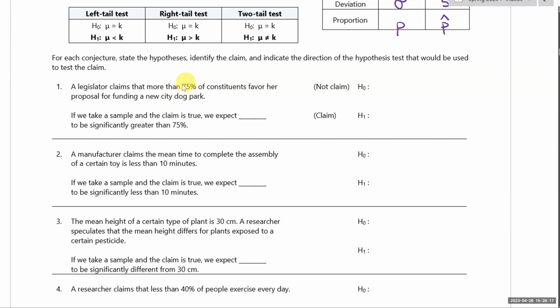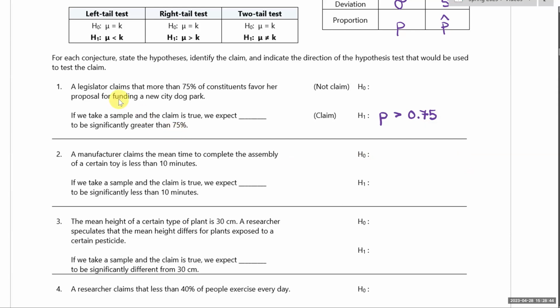So this is representing a proportion, so a percentage, a proportion. So I'm going to do P here. So she says that among all of her constituents, she thinks that the true proportion is more than 75%, and write that in decimal. She thinks that more than 75% of her constituents favor her dog park proposal.